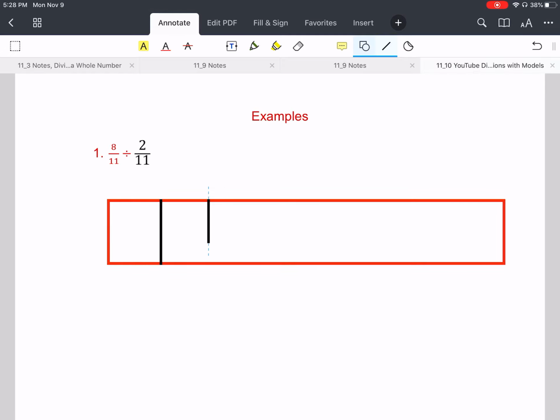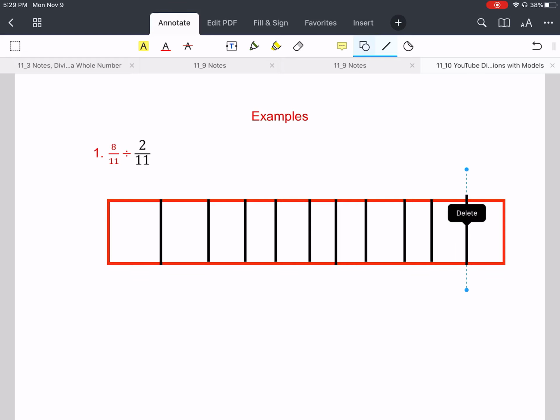So 1, 2, these are going to be too big, 3, 4, 5, 6, 7, 8, 9, 10, and 11.